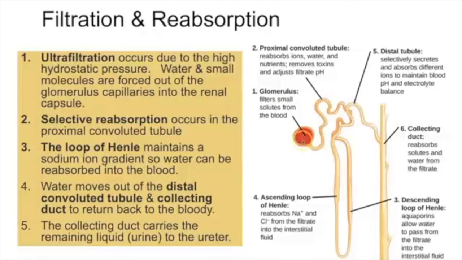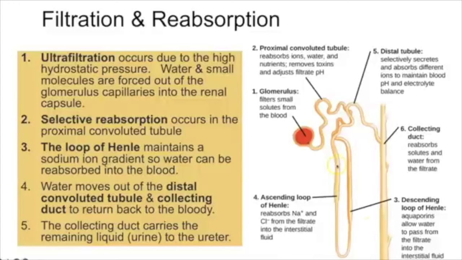You've then created this filtrate, and that filtrate will then pass through to the proximal convoluted tubule. This is where selective reabsorption occurs, so glucose is reabsorbed in the proximal convoluted tubule. The loop of Henle is where we maintain a sodium ion gradient, and that is to make sure that water can then be reabsorbed back into the blood.